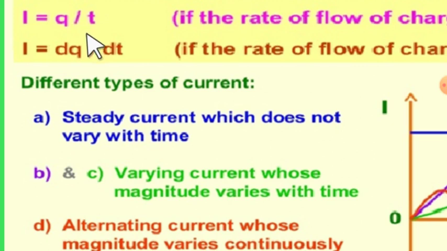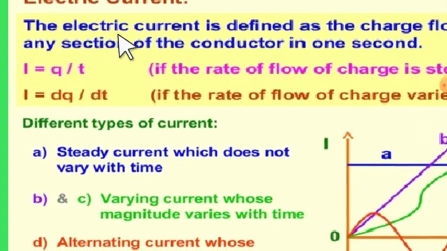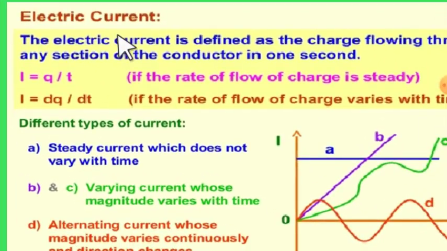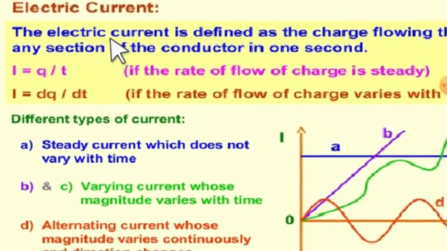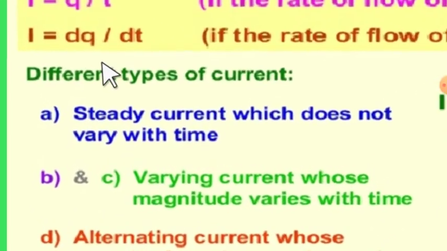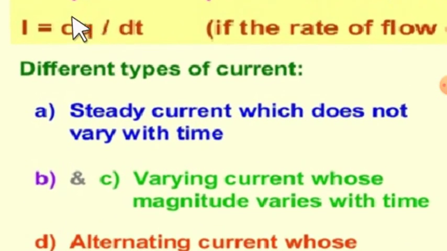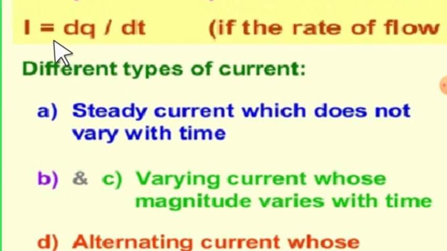But if the charge is not steady, that means if there is a variation of charge with time, then you can define the rate of flow of charge as small charge flowing through a small time. So we can define this current I as dq by dt.